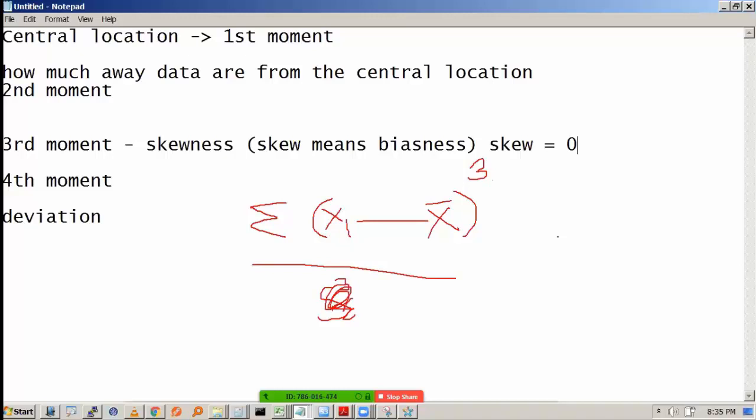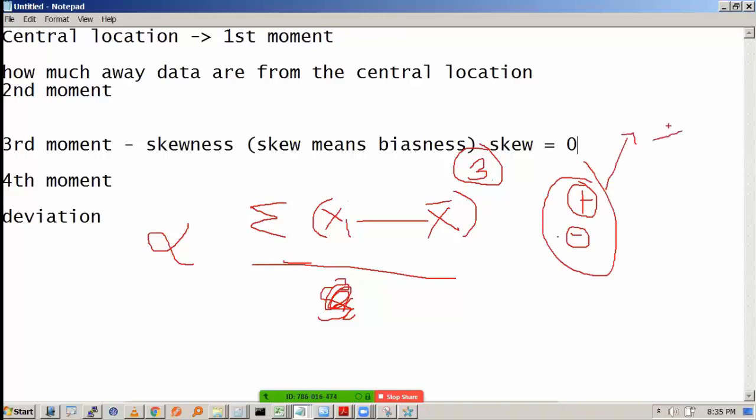I'm not worried about that. What matters is that skewness is proportional to the sum of the deviation cubed. When you cube, some deviations will be positive and some negative, so the summation can be positive or negative. That's why skew can be both positive and negative. Skew will be 0 only if they are equidistant.